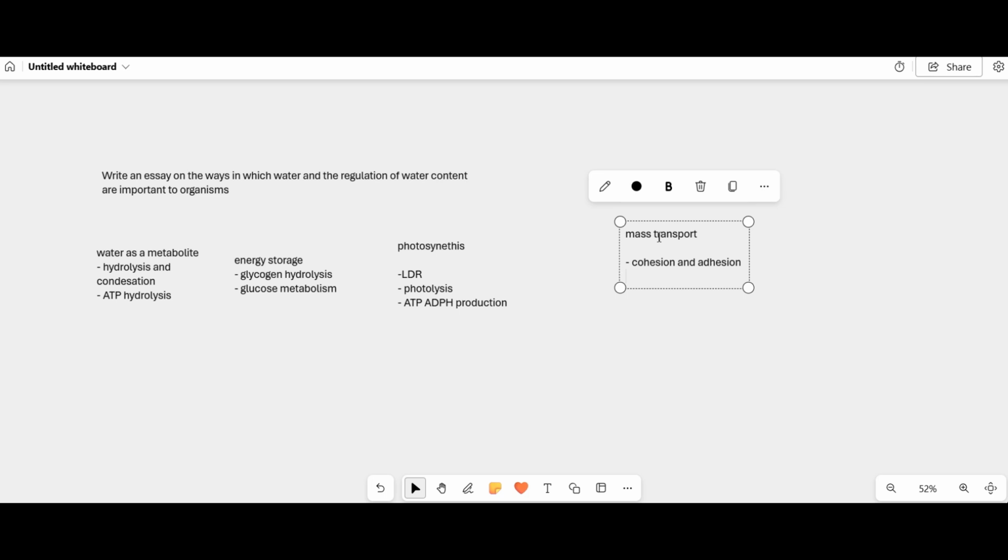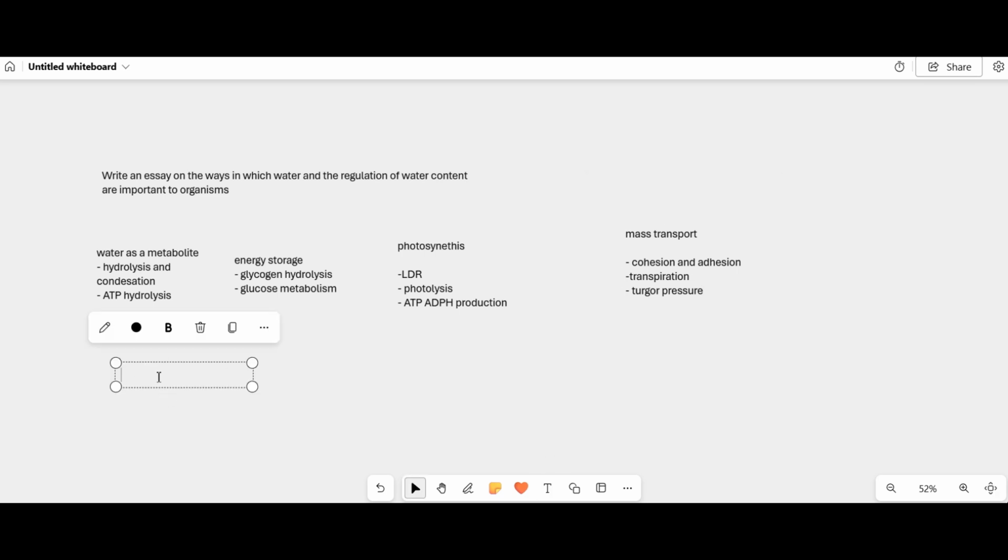And then transpiration. Then also, if you think about water inside the mass transport, you can talk about turgor pressure and that, yeah. Calm. Another thing is translocation, yeah.